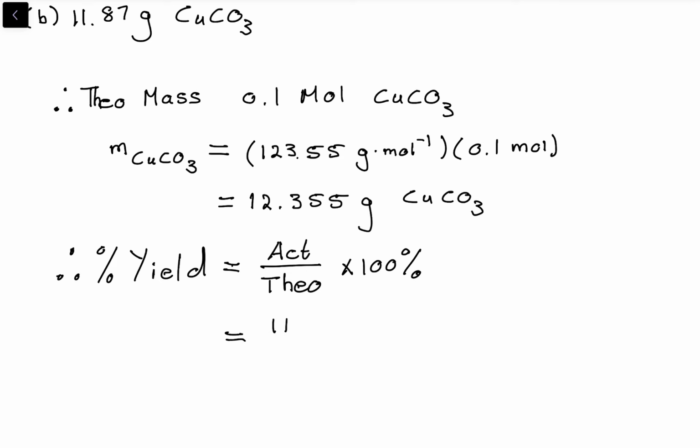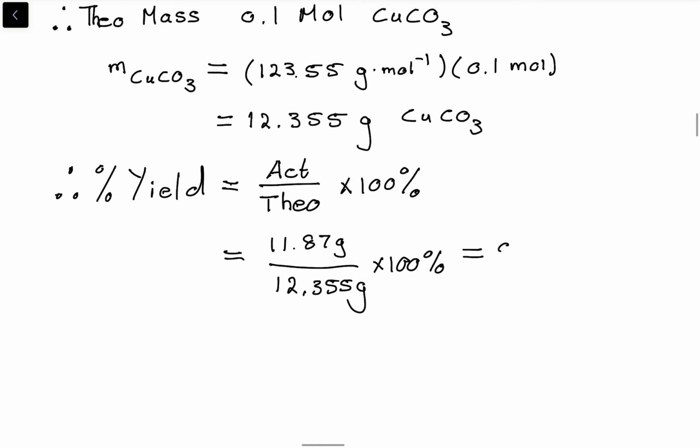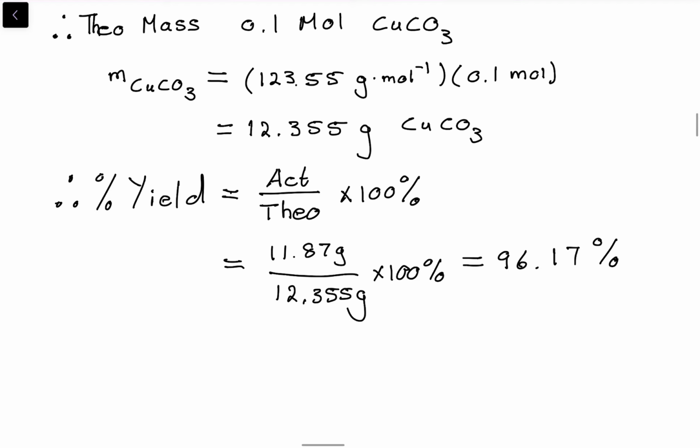So this is the 11.87 gram divided by the 12.355 gram multiplied by 100%, which gives you 96.17%. Okay, very close, but not exactly 100% yield.